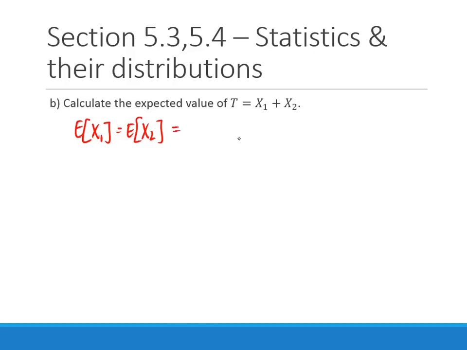So x1, for example, can be 0, 1, or 2. So this is just like we've seen before. 0 times the probability that it equals 0 is 0.2. 1 times the probability of getting a 1 is 0.5. And then I can also get a 2 with probability 0.3. So this equals 1.1.